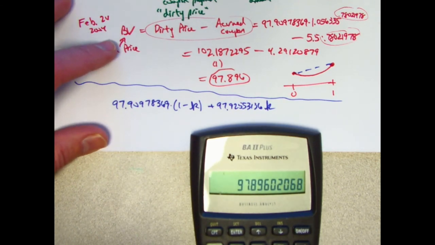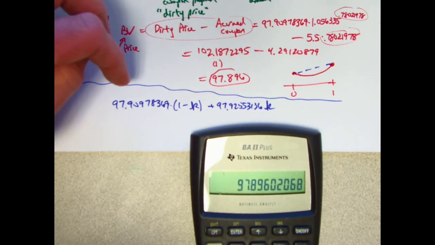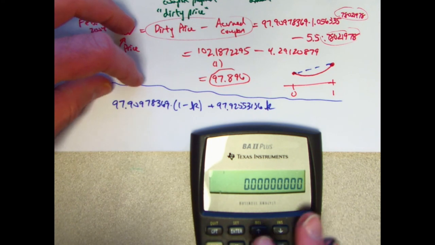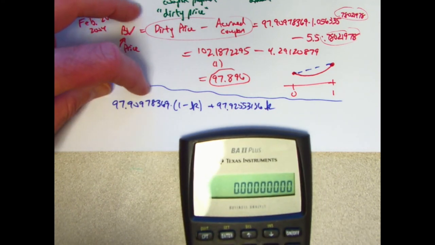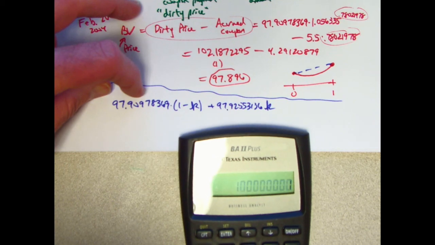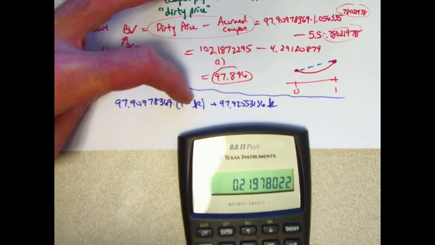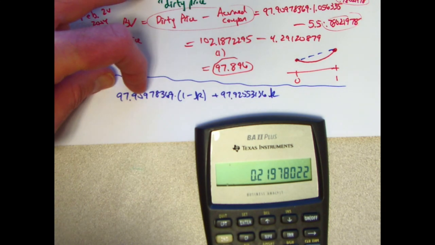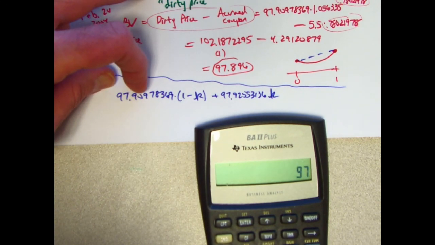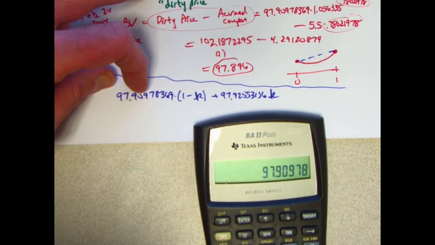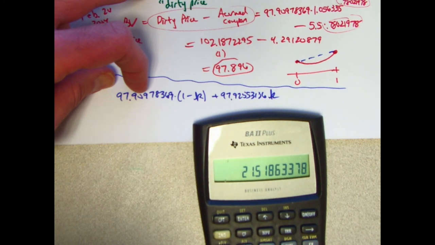We will get a different answer that really in my mind makes more sense. So k is in register 0 here. Let's take 1 minus what's in register 0. That's 1 minus k. Multiply times 97.90978369 to get that. I will store that in register 1.